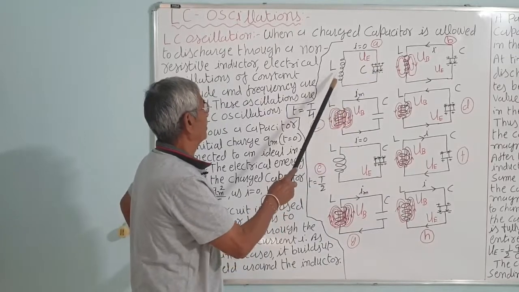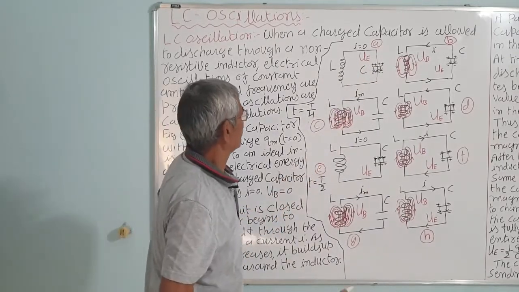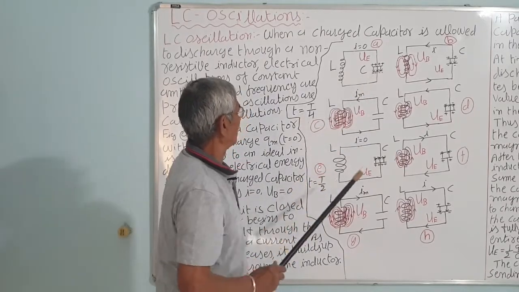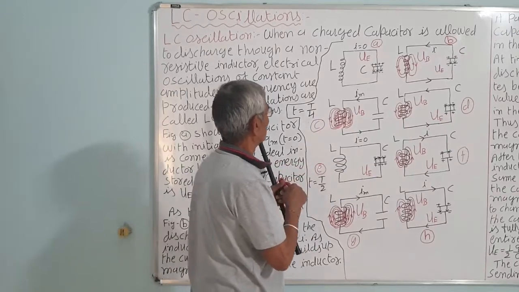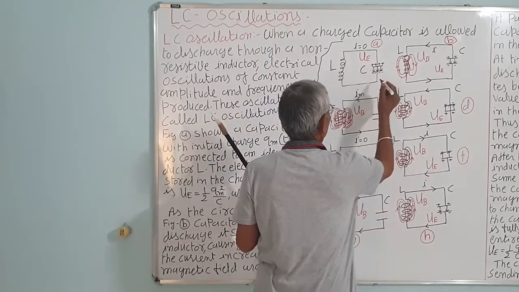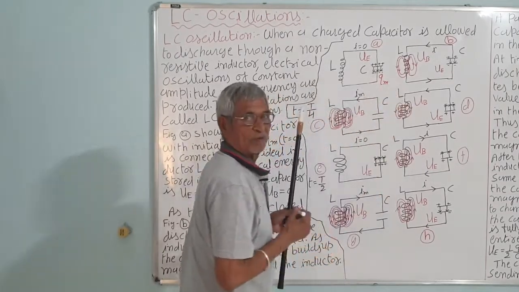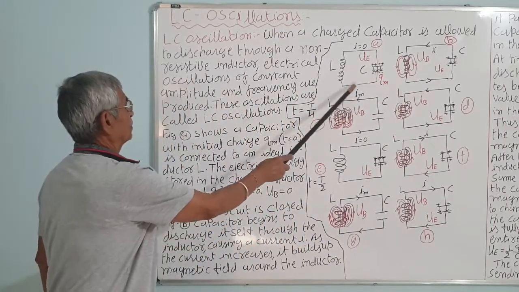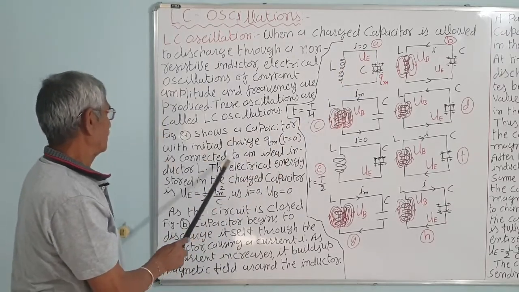We know that electrical energy is half Q square by C, and magnetic energy is half L i square. When the capacitor is fully charged, the charge on this capacitor is maximum, Qm. Figure A shows the capacitor with initial charge Qm.